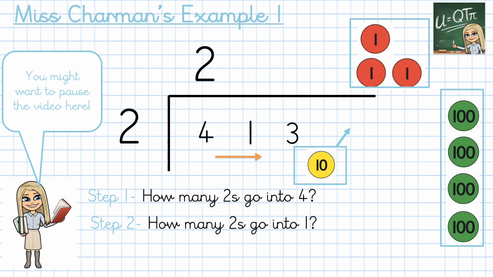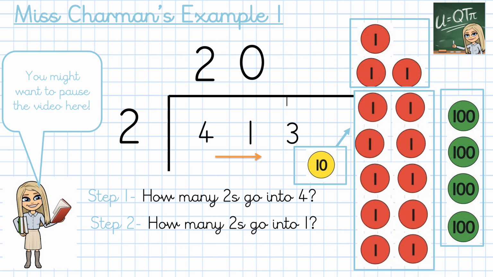As you can see, I've got 1 10, so I've got 1 place value counter, which is a 10. I know that I've got no groups of 2 here, so I'm going to need to exchange 1 10 for 10 ones. So now in the ones column, I've now got 13 ones. I'm going to need to work out how many groups of 2 do I have. Let's count together.